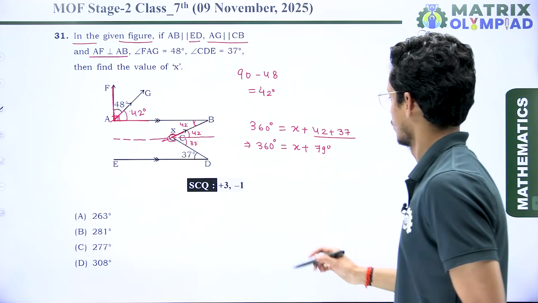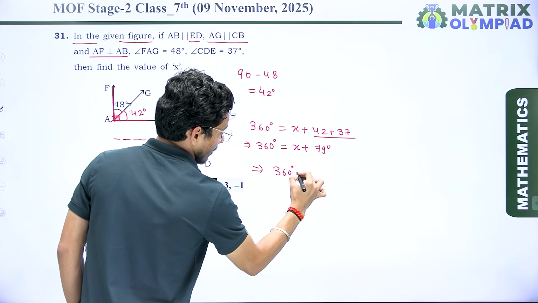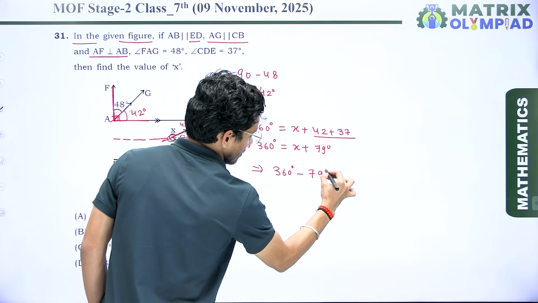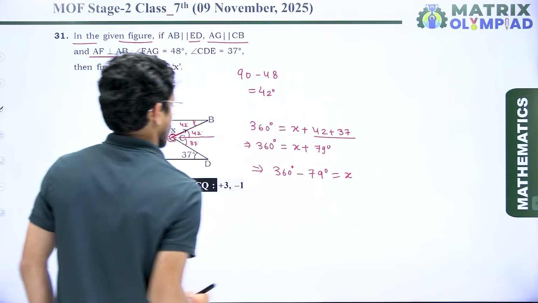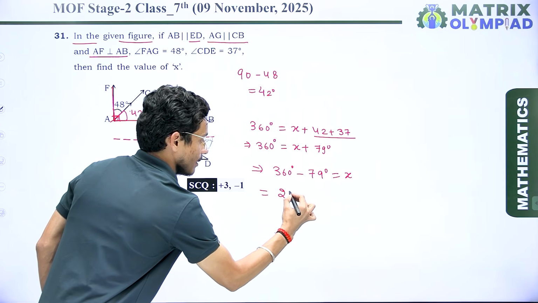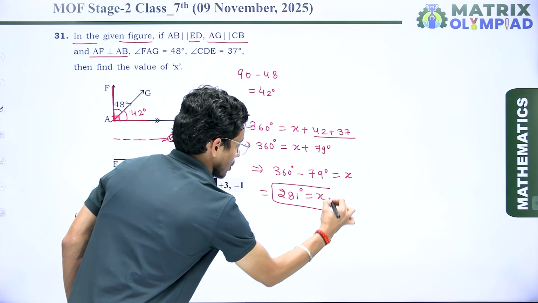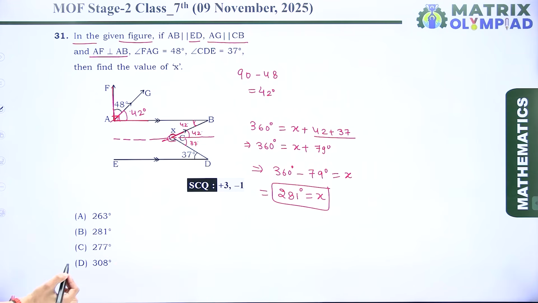So we can say that 360 degrees minus 79 degrees is equal to X, and when we simplify it we get 281 degrees is equal to X. So check which option is correct. It means option B is the correct answer over here.